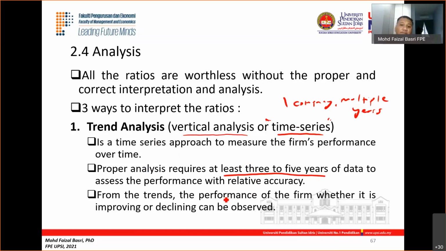So you're lucky, it's just 2 years. And from this, we can see whether the company is improving or not over time. It can improve or decline, or it can remain constant throughout the time, 3 years for example. So that's trend analysis.